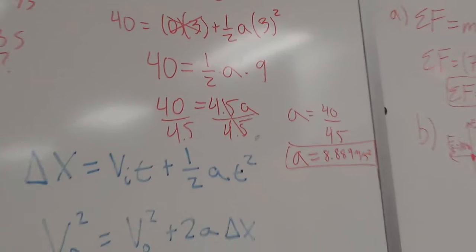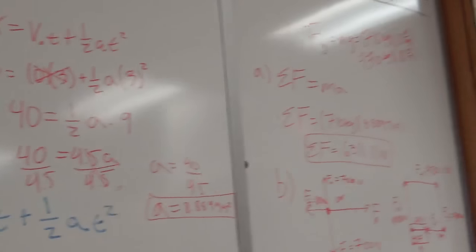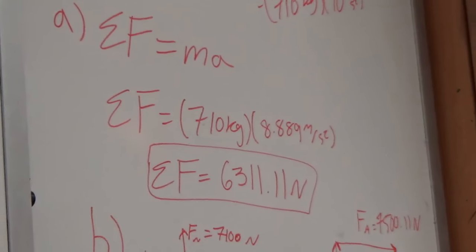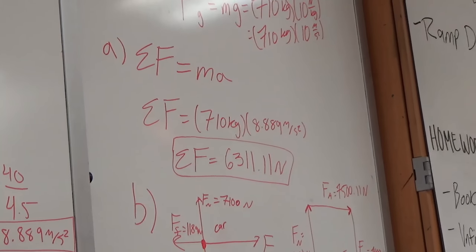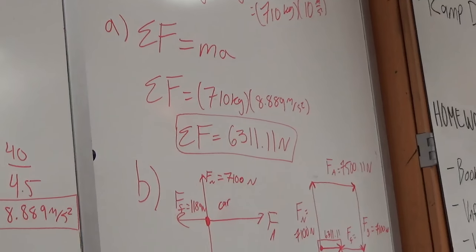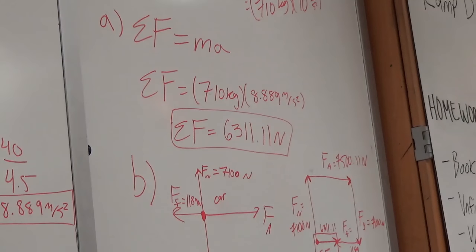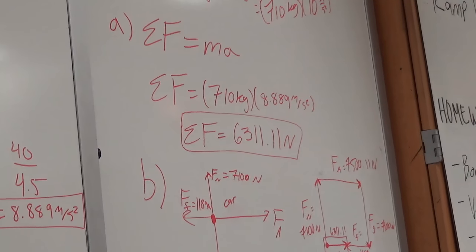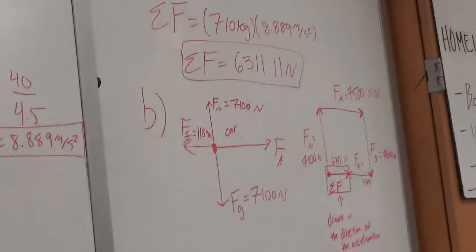I multiplied everything out and I found my acceleration. After I found my acceleration, I plugged in the numbers for my acceleration and my mass, because those are what we were given.